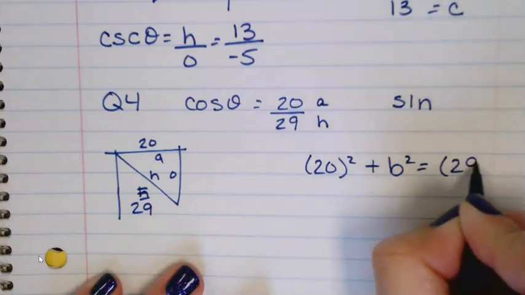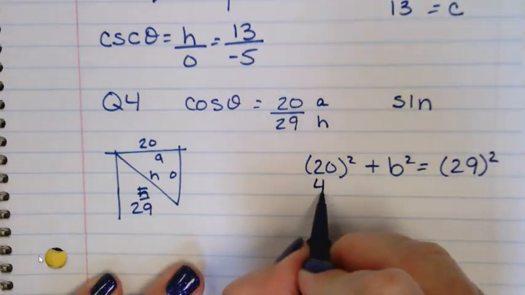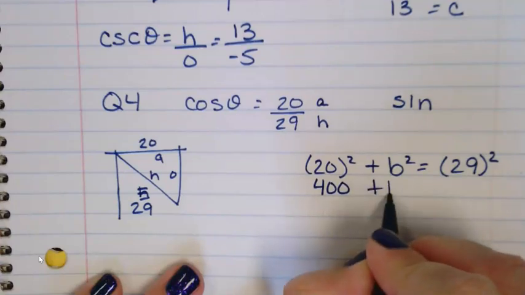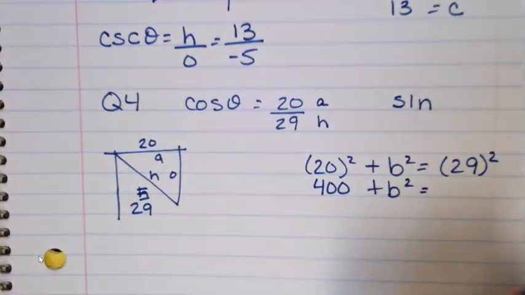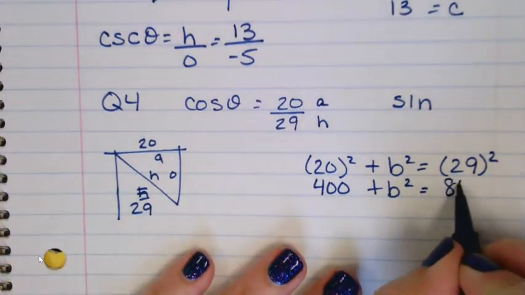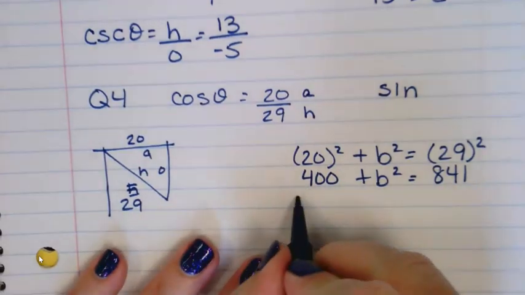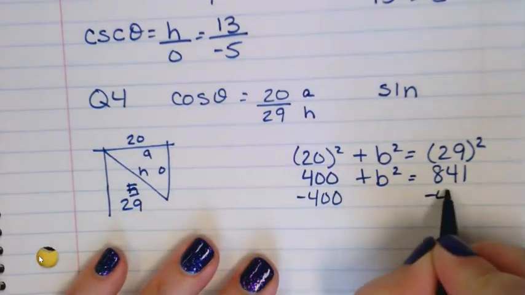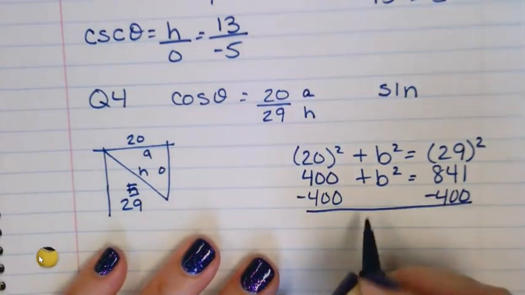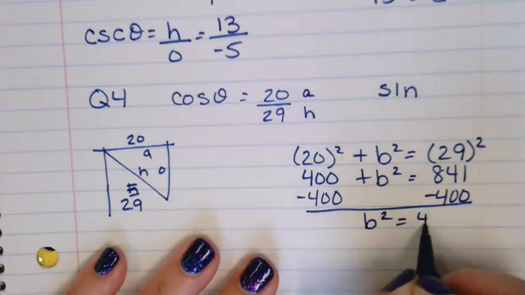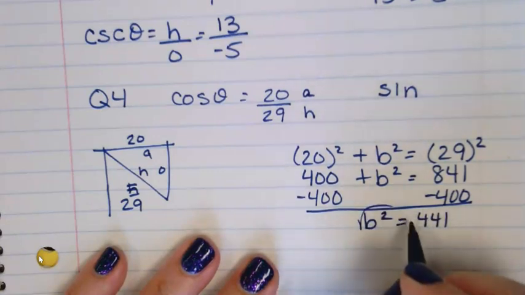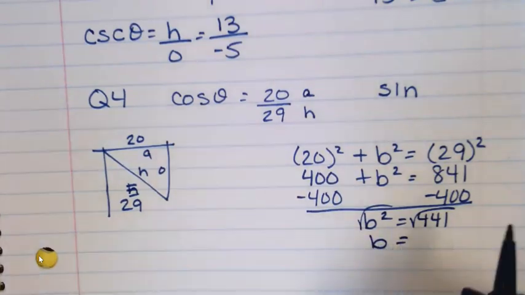Remember that 29 is your hypotenuse. So this is 400 plus b squared equals, I don't know 29 squared offhand, 841. Subtract 400 over. B squared equals 441. Take the square root of both sides.